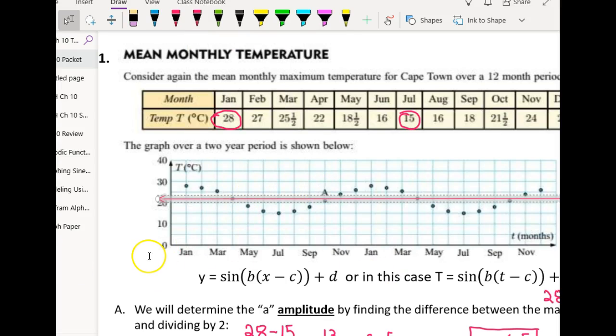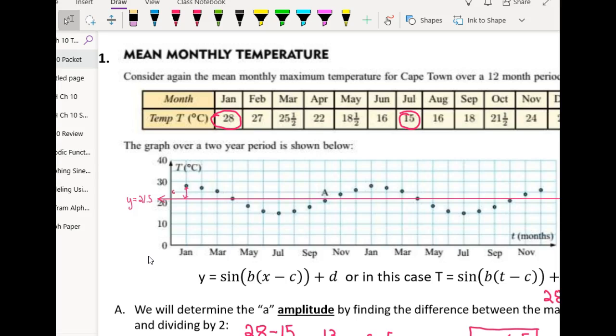So there's our D value. This would be y equals 21 and a half. And then the top part of our graph, this little distance right here, is your amplitude.